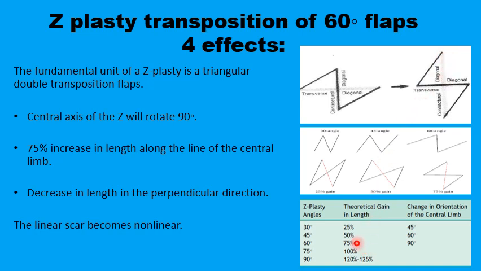If the angle is 45 degrees, we will have a 50% increase. If the angle is more than 60, like 75 degrees, you get a 100% increase in the length of this segment. But as the angle increases above 60 degrees, transposition of the flaps becomes a little bit more difficult.